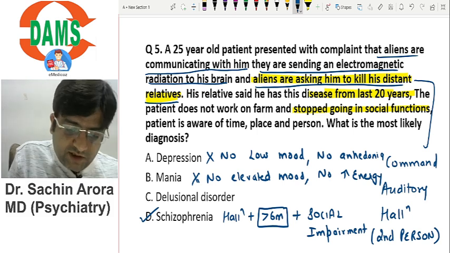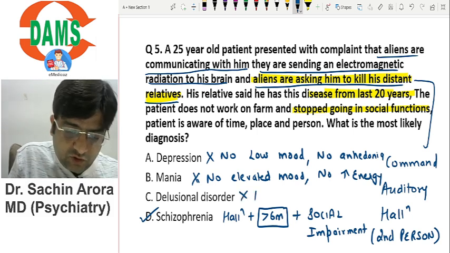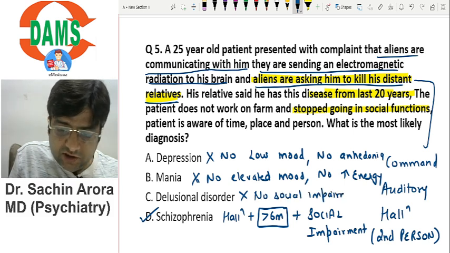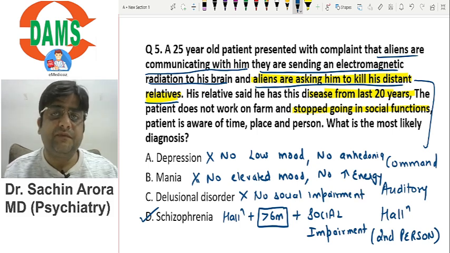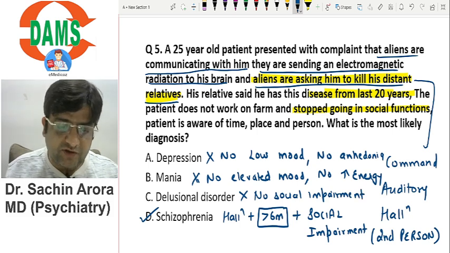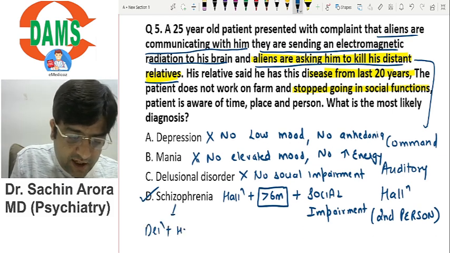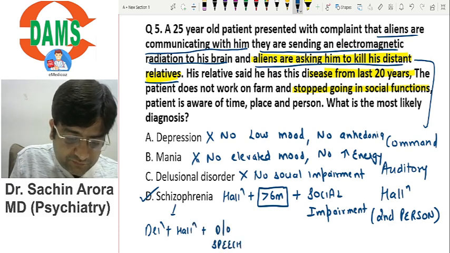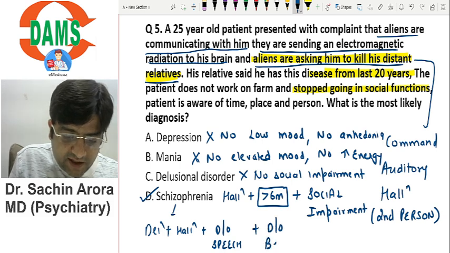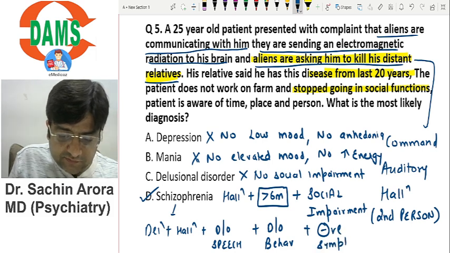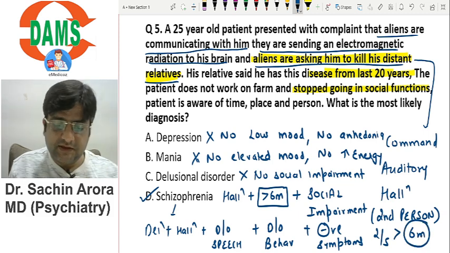In delusional disorder, there is no social impairment and only delusions, no hallucinations. So this is more towards the diagnosis of schizophrenia. Schizophrenia has delusion, hallucination, disorganized speech, disorganized behavior, negative symptoms: 2 out of 5 for a period of 6 months.